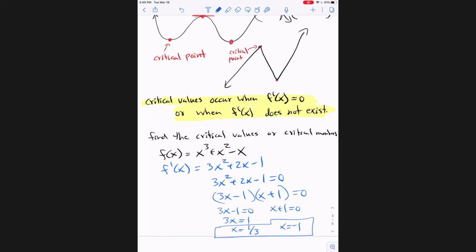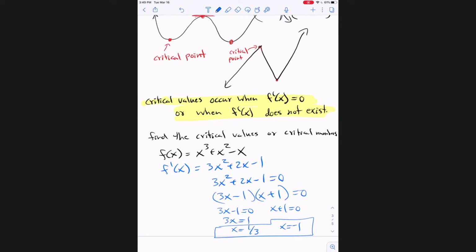So the answer, the critical numbers, are x equals 1/3 or x equals negative 1. Those are critical x values. So basically, you take the derivative and you want to know when the derivative is equal to 0, and that gives you a critical value.